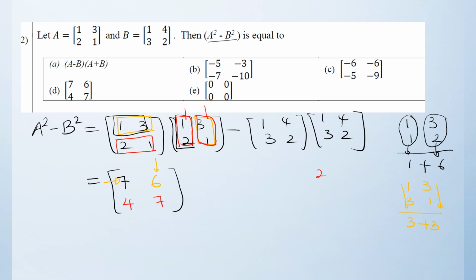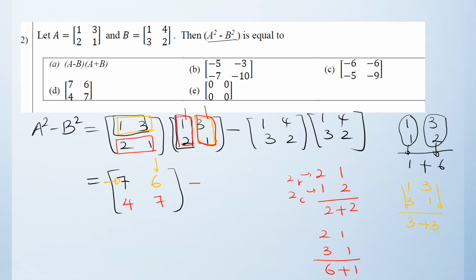For the first element of the second row we have to multiply 2, 1 by 1, 2, second row and first column. Multiplication between corresponding elements. Here we have 2, here we have 2, summation is 4. Similarly, for the last element, we have 2, 1 again with 3, 1. Then we have 6 and 1, summation becomes 7.